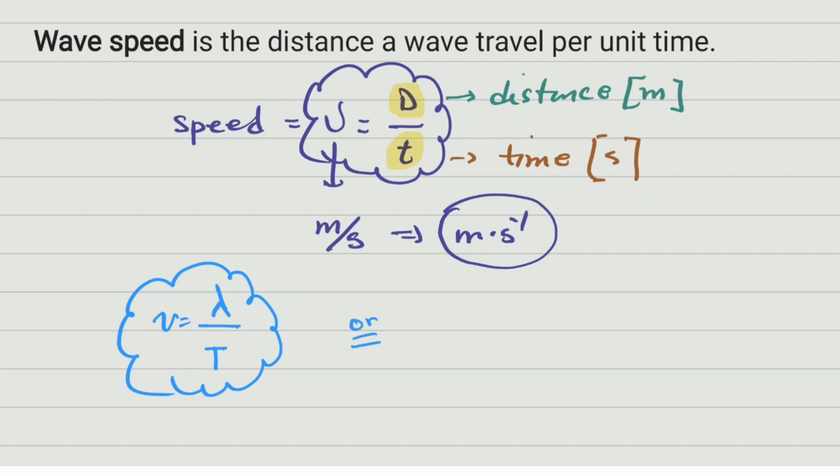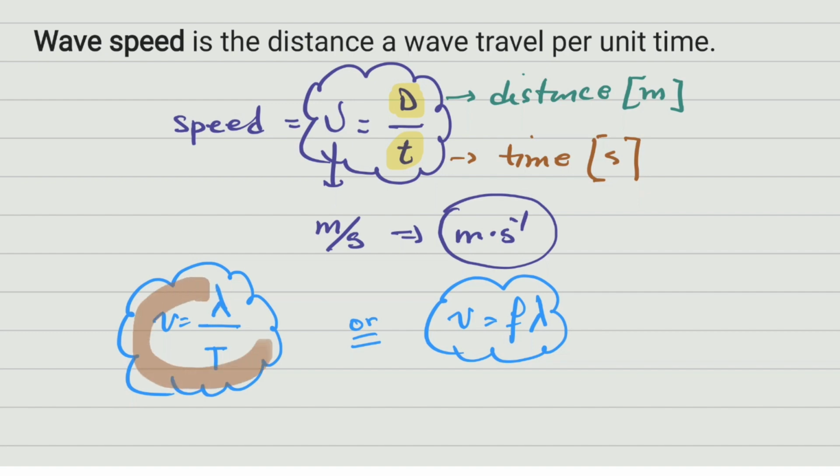Or if we rearrange, which I am not going to do right now, and we substitute the formula for period, we have that speed is equal to the frequency multiplied by wavelength. All these are three formulas we can use to calculate the speed. So we have one with wavelength and period, one with wavelength and frequency, and one with distance and time. Please, you can use any of the three formulas.